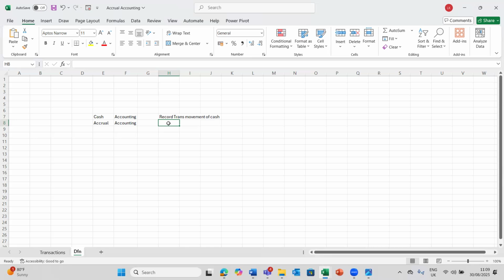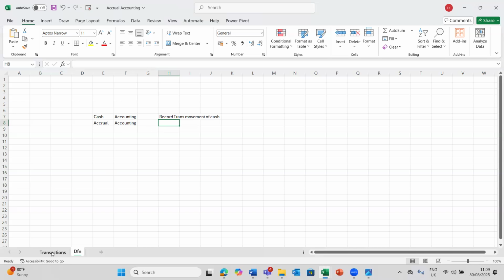So that's what accrual accounting is all about. We have incurred the expense because August has elapsed, but what is remaining is for us to make the payment. So we record the expense whether we have paid or not.